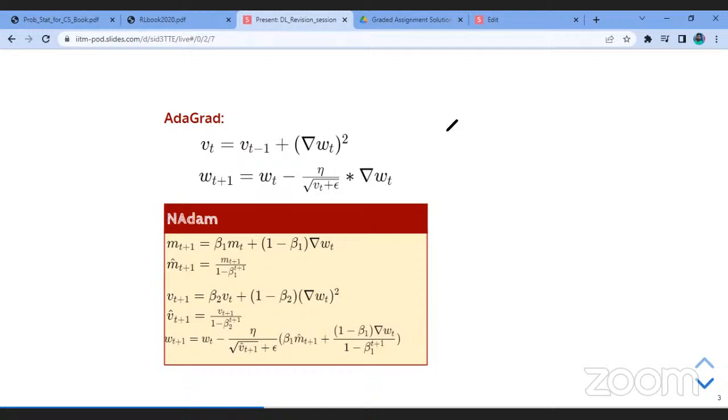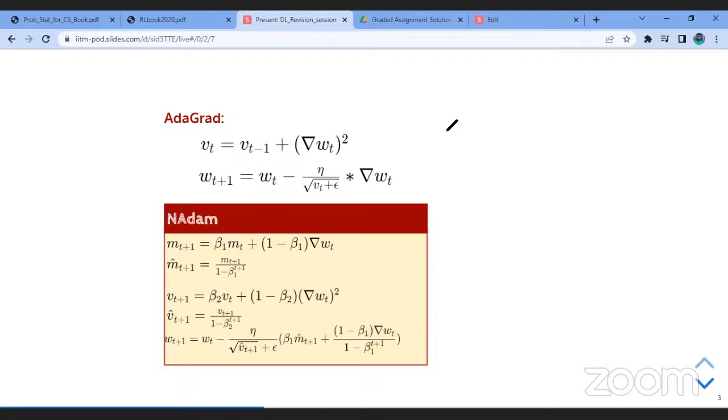That is one point. The other point is that it is generally observed that if you use Adam as your initial optimizer, the algorithm converges quickly, and we don't have any analytical reasons for that, only empirical evidence. Whenever we start with Adam, it converges much better than the other algorithms.